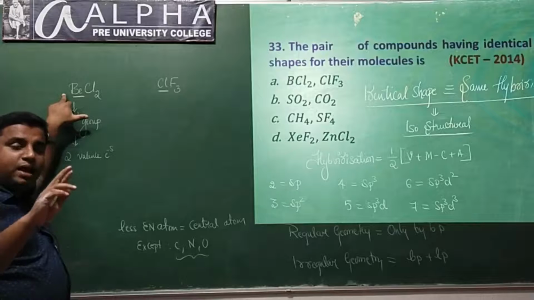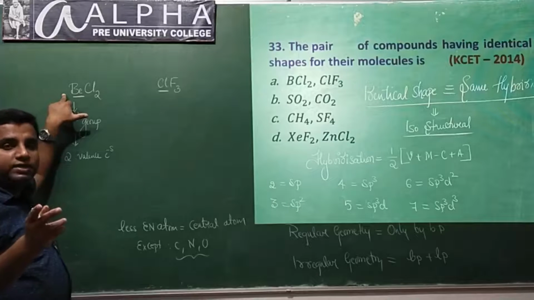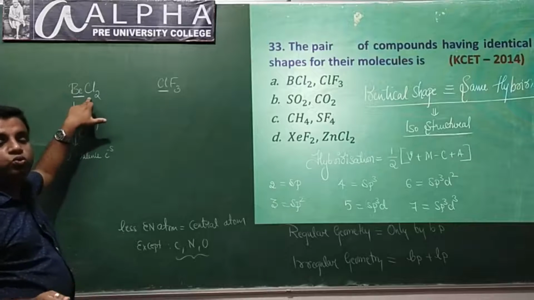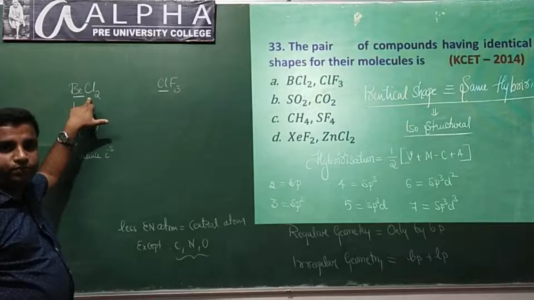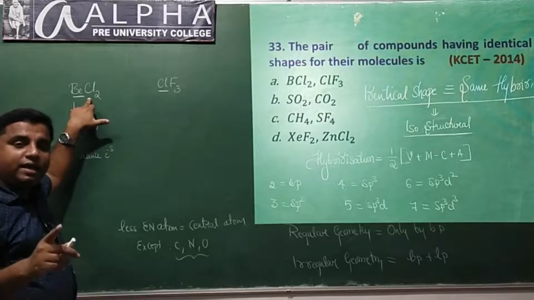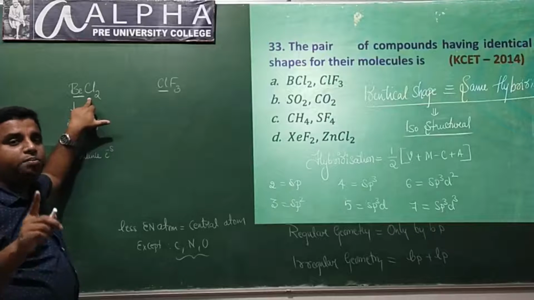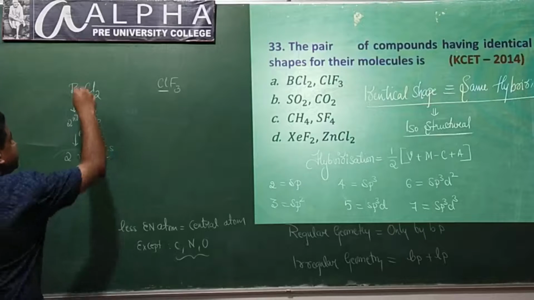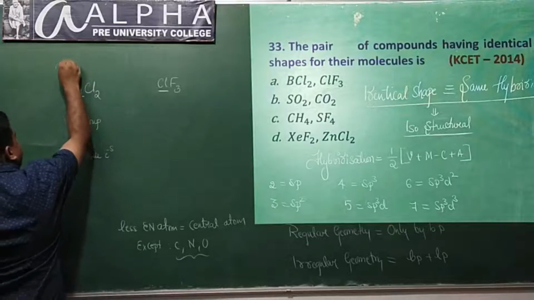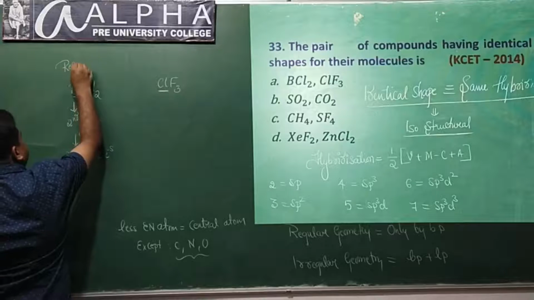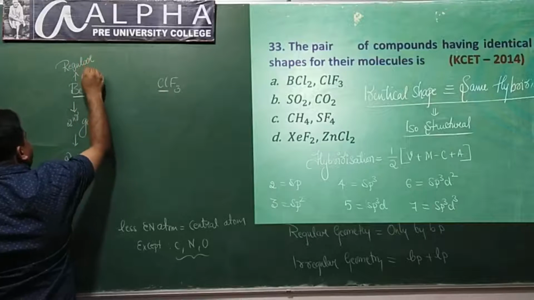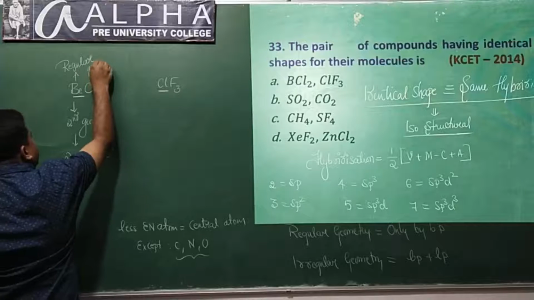Beryllium has used all the 2 valence electrons to form bonds with 2 chlorine atoms. So beryllium is surrounded only by bond pairs, not by lone pairs. Hence, can I say that beryllium chloride has regular geometry? Yes, beryllium chloride has regular geometry.